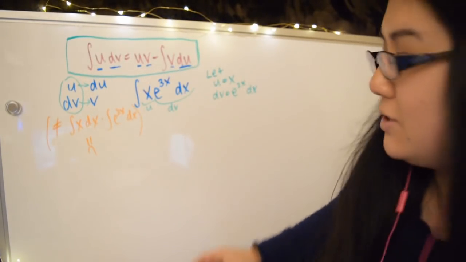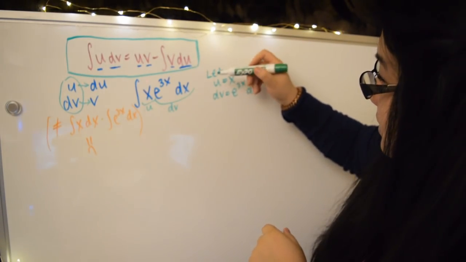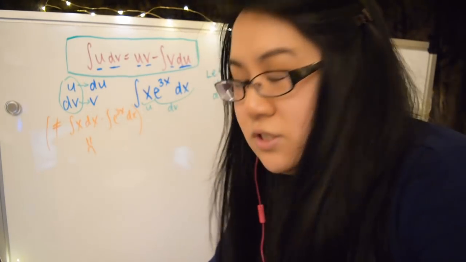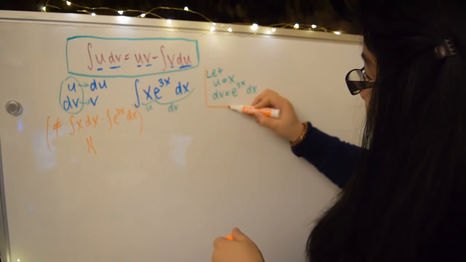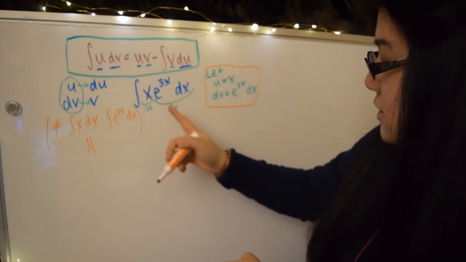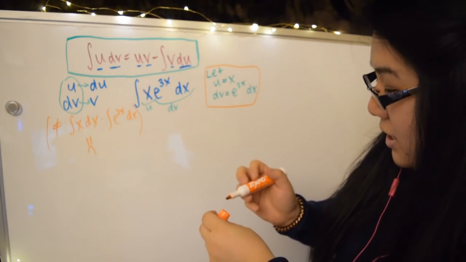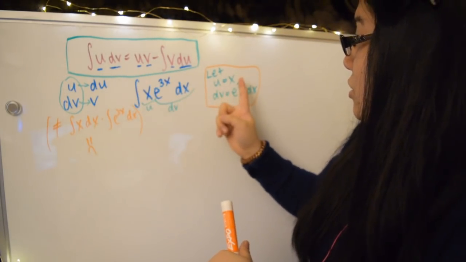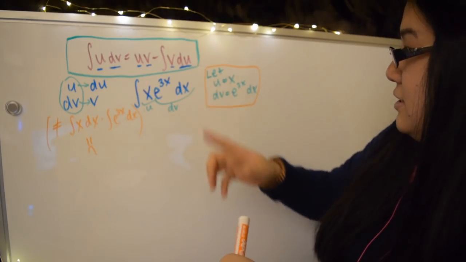Okay, so from here, because I chose this, this part gets confusing because what am I choosing and what am I calculating? I am always choosing my u and my dv. Now I have u and dv, but I need to plug it into this equation, so I also need to know the values of v and du.